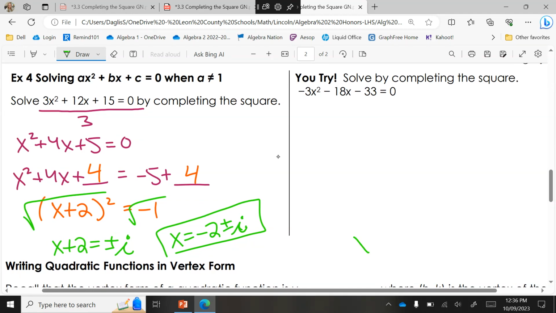You try the next one. You have negative 3x squared minus 18x minus 33 equals 0.